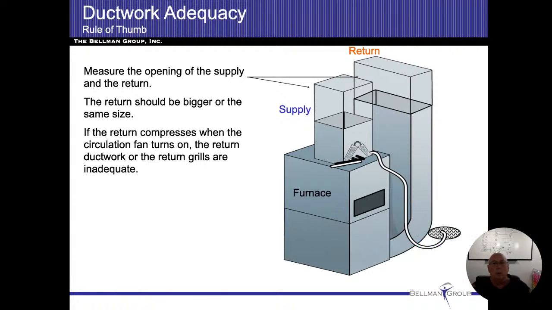the ductwork. If the ductwork starts collapsing and going up, I don't know if you've ever heard when the furnace shuts off, all of a sudden you hear this big whomp in the ductwork as all that pressure releases. That's a pretty strong indicator that it's not the right size. Now, it's still hard to tell someone, well, you're going to have to tear all the ductwork out and put bigger ductwork in.